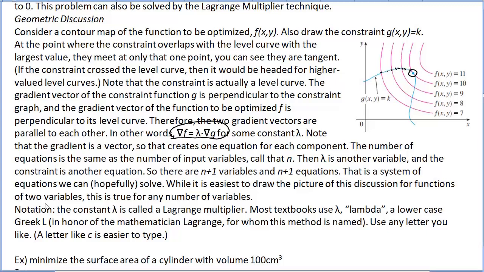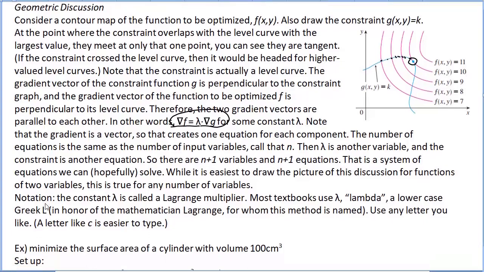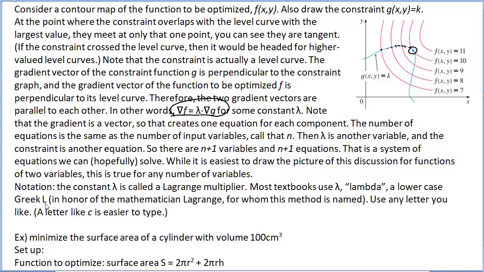The question is to minimize the surface area, so we need a formula for surface area. What's the formula for the surface area of a cylinder? The surface area S is the top disk and the bottom disk. Each of those gives us pi r squared of area, so that's 2 pi r squared.